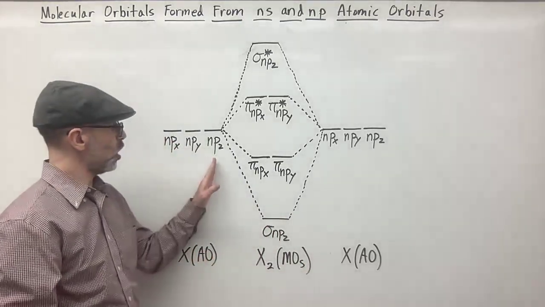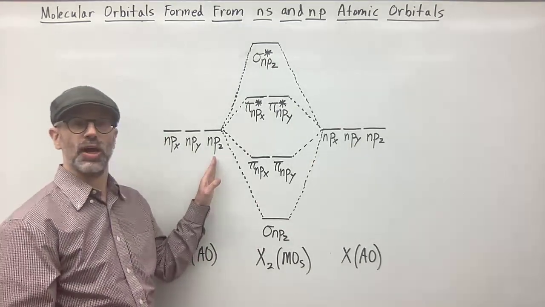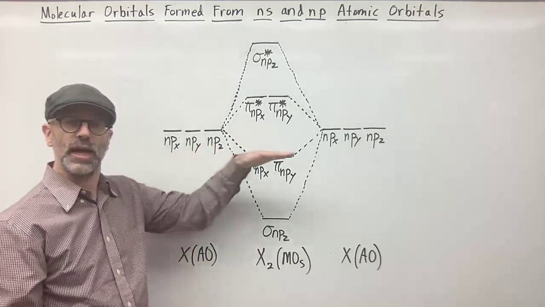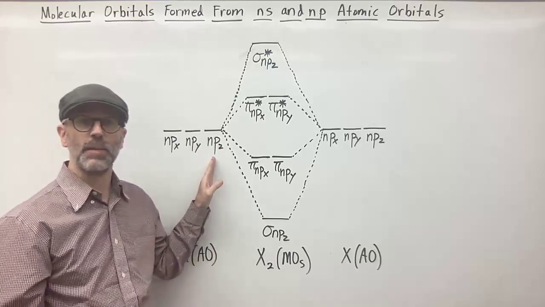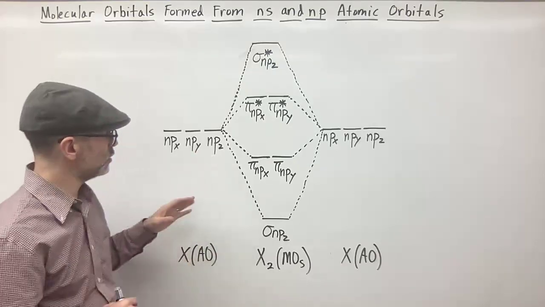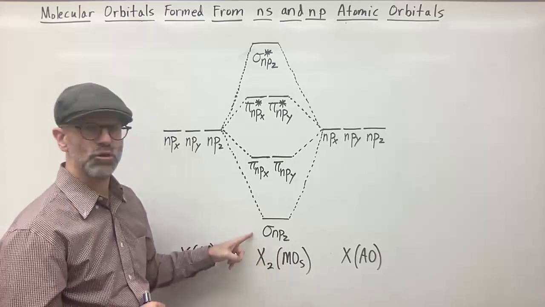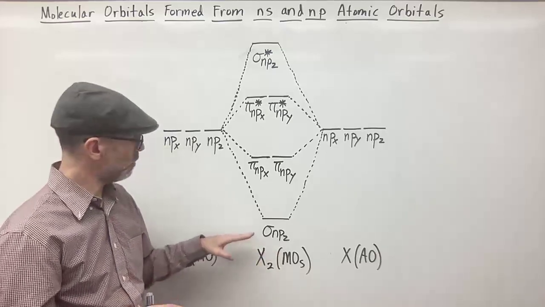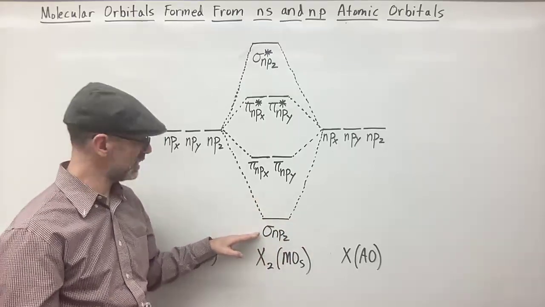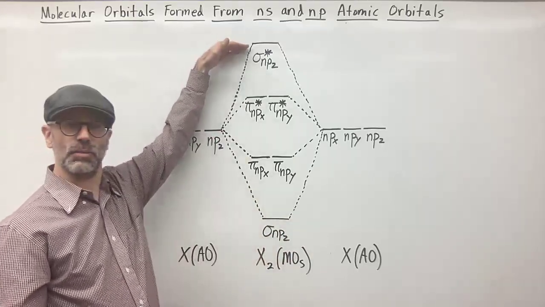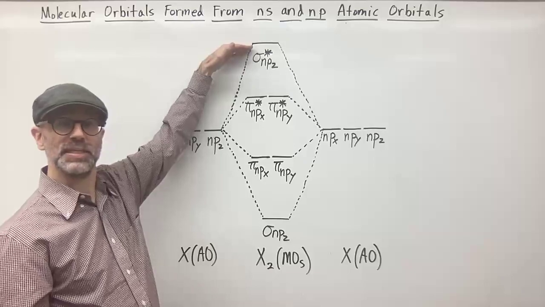So as we saw, the pz orbital, if we're assuming, say, for example, a linear molecule, is going to overlap internuclearly. And so that's going to give rise to two molecular orbitals, a bonding molecular orbital, sigma 2pz, and an anti-bonding orbital, sigma 2pz star.